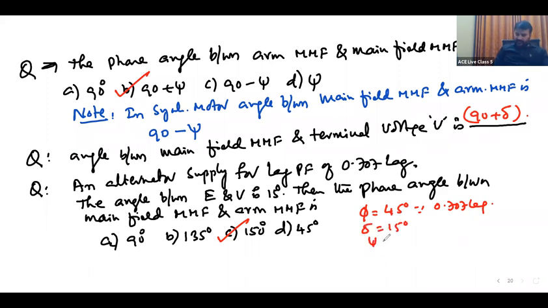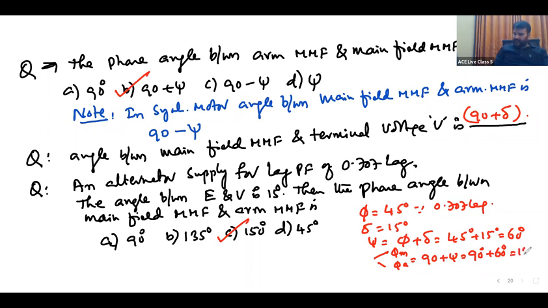So psi is equal to phi plus delta, 45 plus 15, which is 60 degrees. But the angle between phi M and phi A is 90 plus psi. 90 plus 60 is 150 degrees. So your answer is 150 degrees.